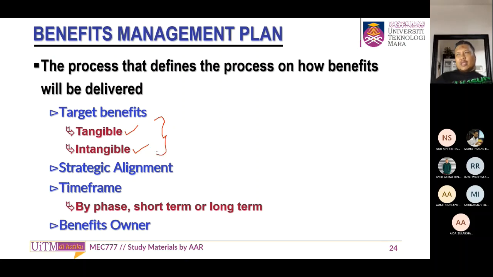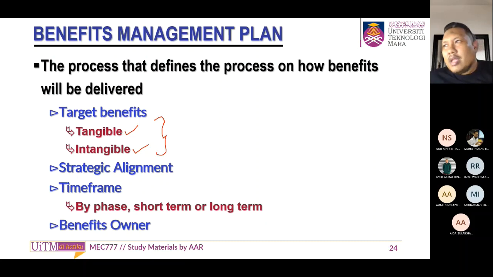When we talk about the benefits of a project, whether it's tangible or intangible, this happens when people start to run projects during the pandemic, for example, because they don't know what will happen. So the project will be delayed.